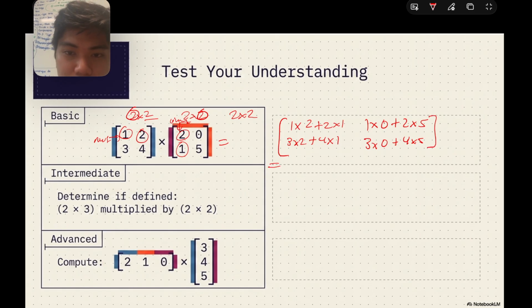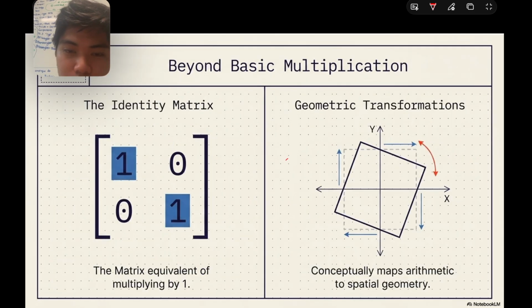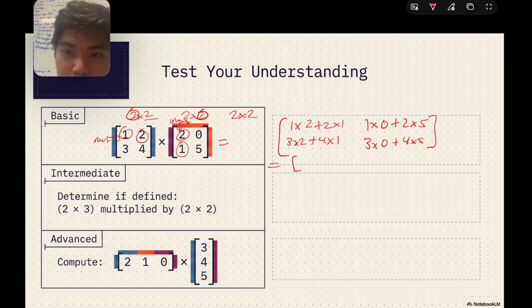If we calculate that, 2 plus 2 is 4. 1 times 0 is 0, plus 10 is 10. 3 times 2 is 6, plus 4 is 10. 3 times 0 is 0, plus 4 times 5 is 20.